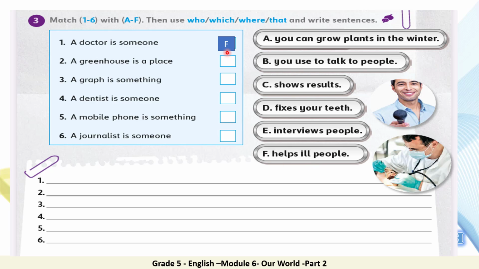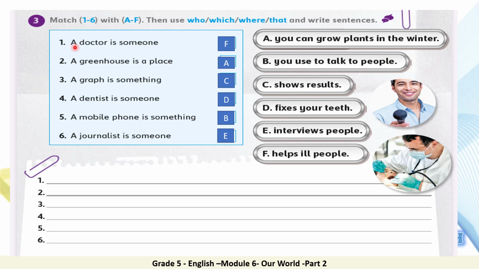Now I want you to pause the video and complete this task. Have you finished? Okay, check your answers. Time to write complete sentences. Down here we're gonna write our sentences 1 to 6. Let's do number 1.